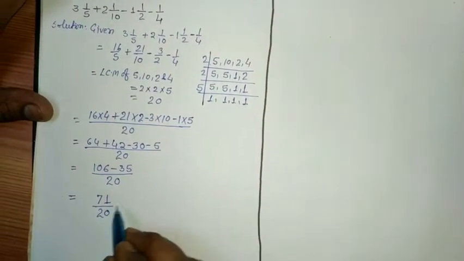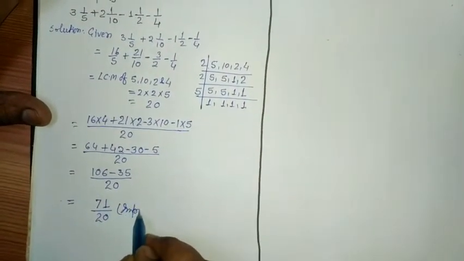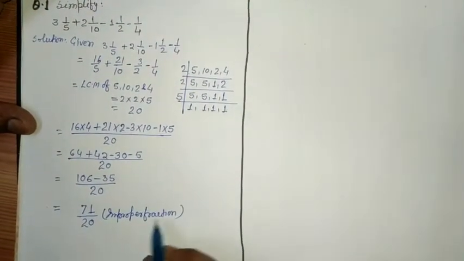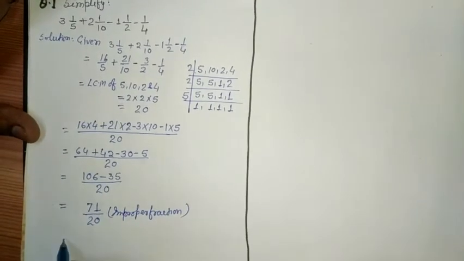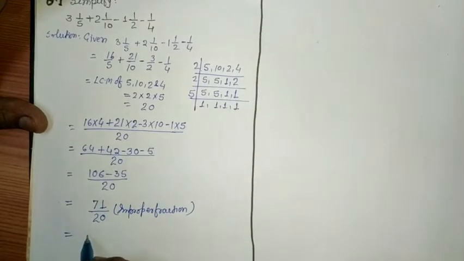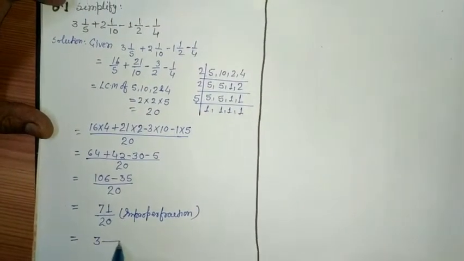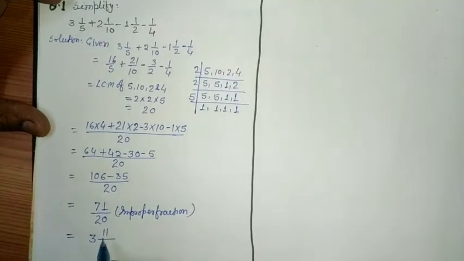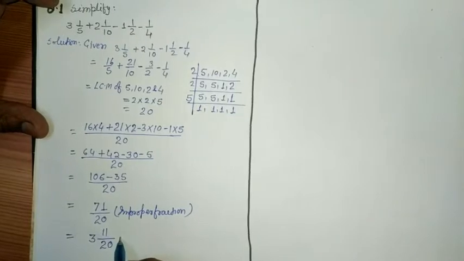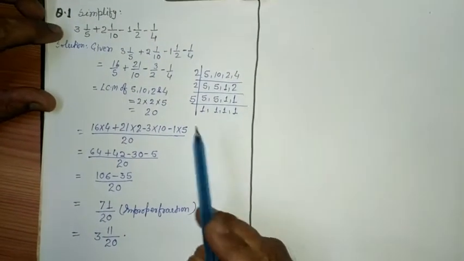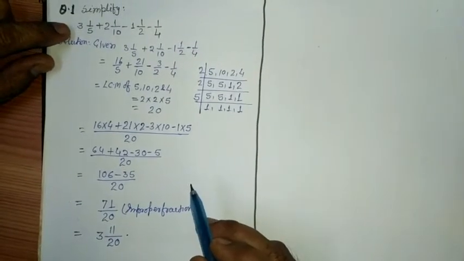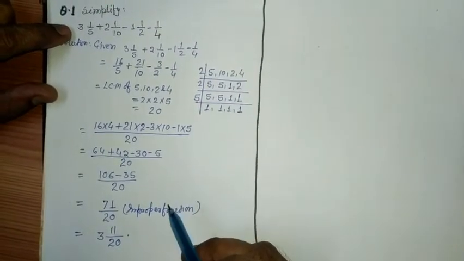This is an improper fraction. We change it into a mixed fraction: 20 threes are 60, 3 whole 11 upon 20. We can simplify this type of question, which is given in brackets, using the BODMAS rule.